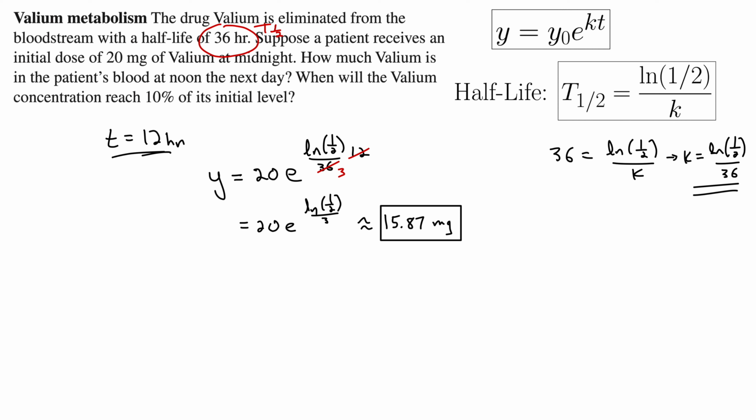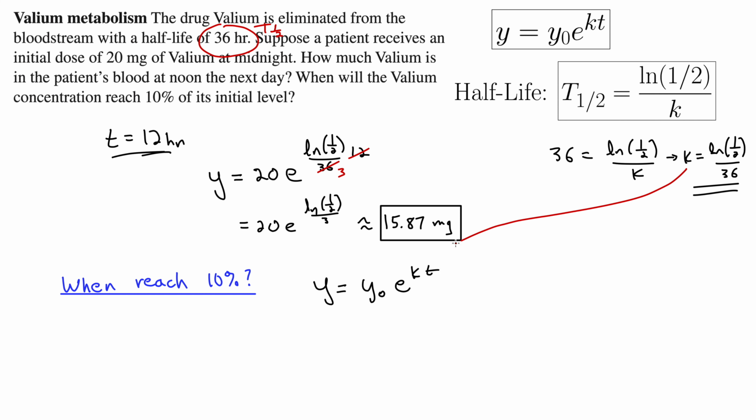When will the Valium concentration reach 10% of its initial level? Well, again, we start with our equation for exponential growth and decay, y equals y naught e to the kt. We know what k is. t is what we're solving for.